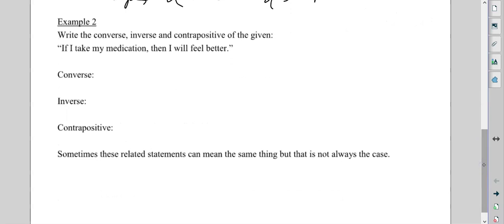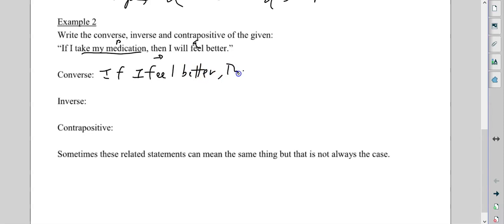Okay, right? The converse, inverse, and contrapositive. So if I take my medication, that's my P, then I will feel better. That's my Q. So the converse, remember, is you just switch them. So if I feel better, then, now sometimes you have to change tense, I took my medication.